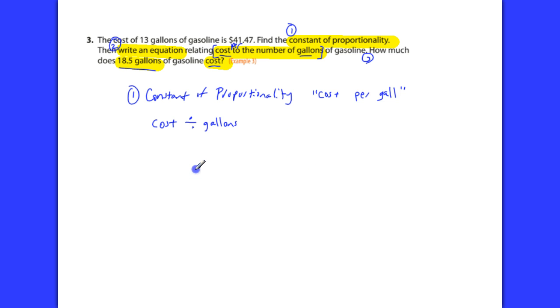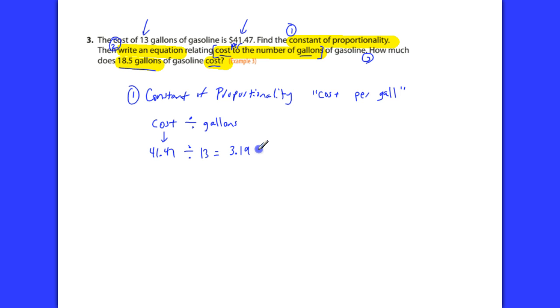So the cost in this problem was $41.47. We want to divide that by the number of gallons, which up here was 13. Okay, and we divide that out, and I did that for you, and I came out with 3.19.